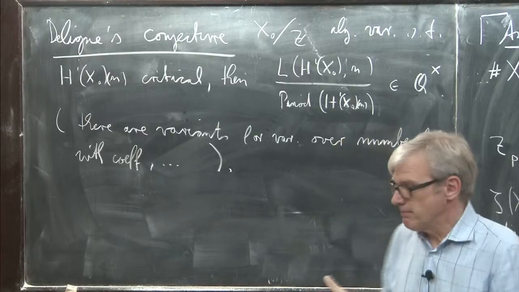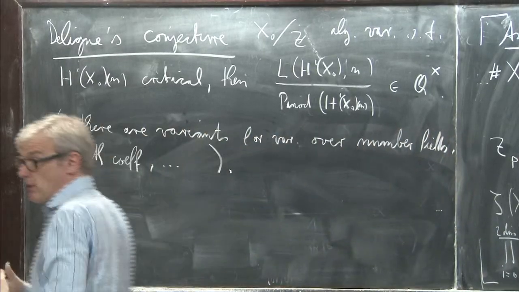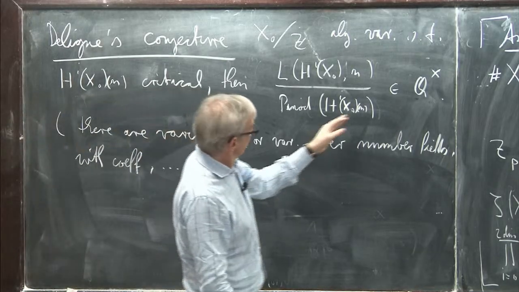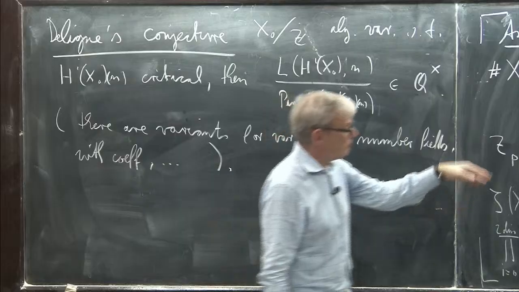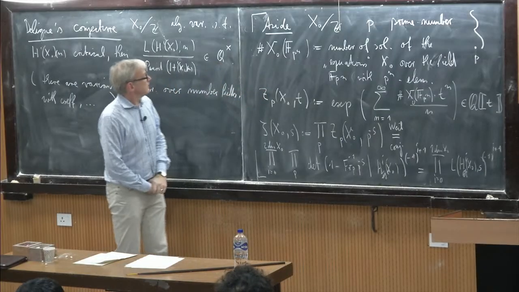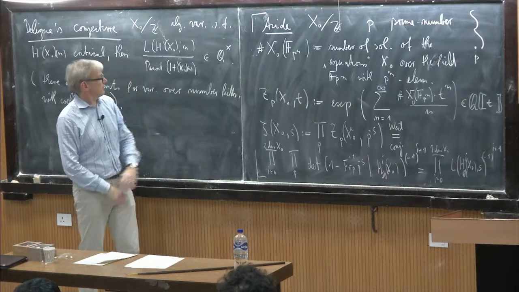So that's a very global invariant of the integers. And this is known, and it's also known for the Dirichlet characters, and for the CM elliptic curves.